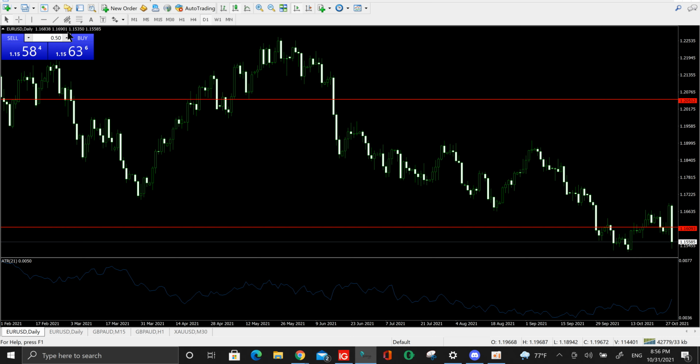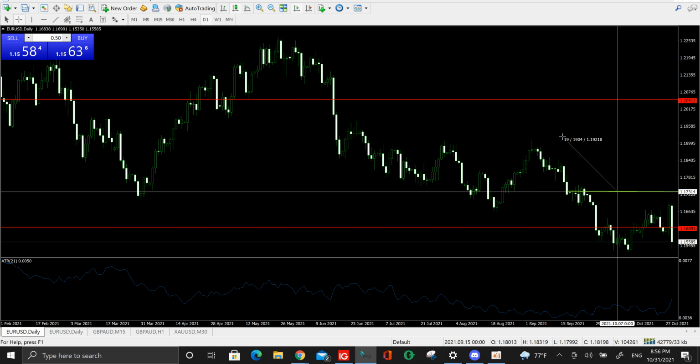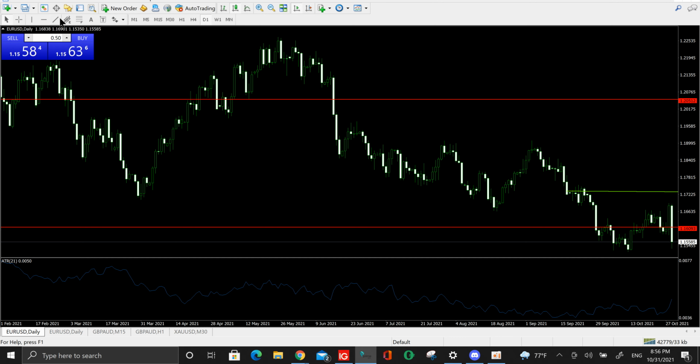So let's mark up some resistances above if price does go back up. The only thing we're really concerned about, I would say, is this area right here. If price could climb up and close above this region, we could potentially see it drive up about 190, 200 pips.